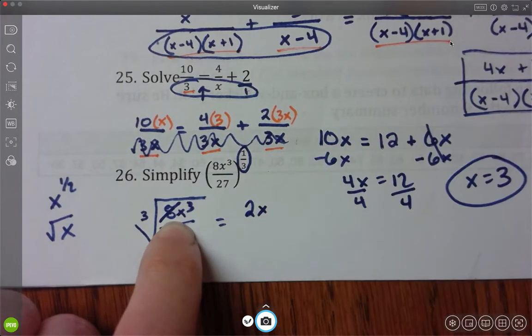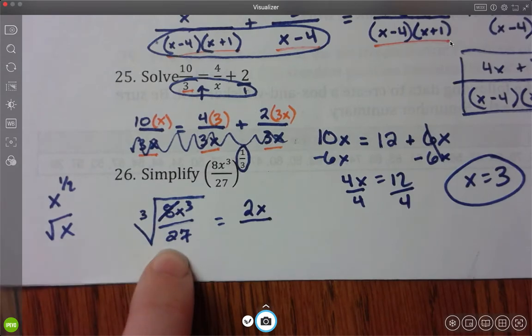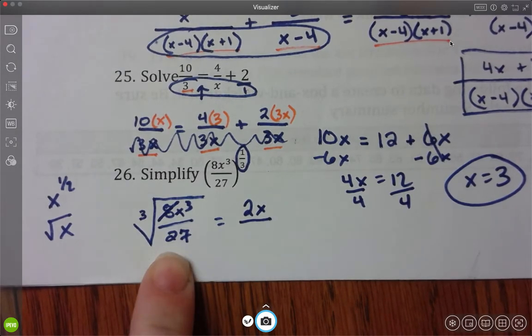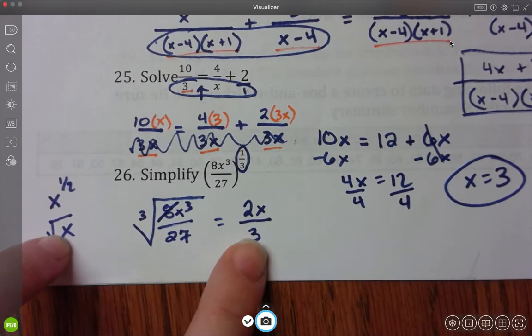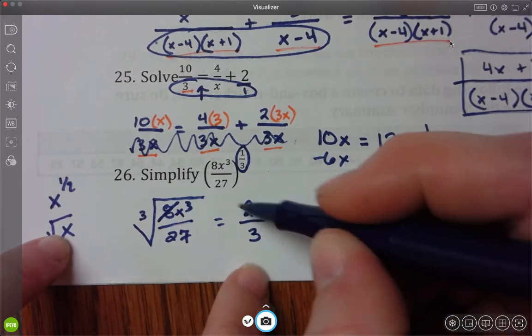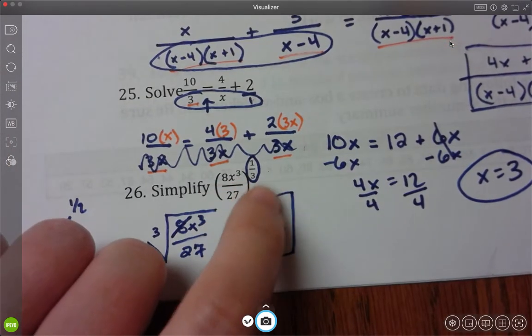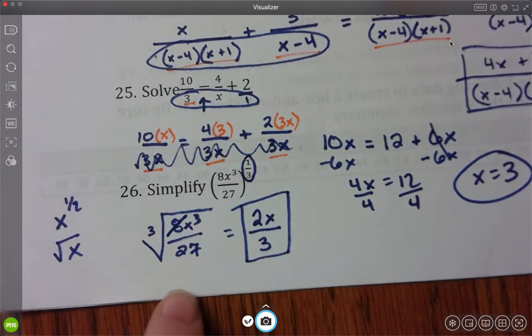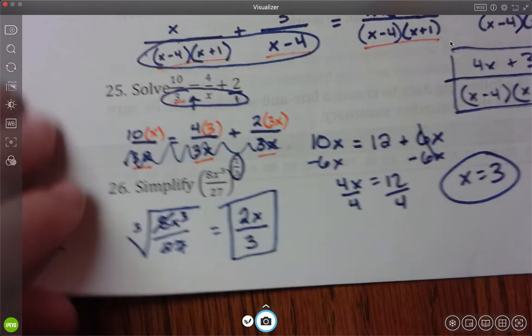Well, that would just be x. X times x times x would give me x to the third power. And then what do I take times itself 3 times to get 27? That would be 3. Okay, so the cubic root of 27 is 3, because 3 times 3 times 3 is 27. And this is what he will look like, okay? So anytime you have that fractional exponent, that 1/3, that means a cubic root, 1/2 means the square root, 1/4 would mean the fourth root, etc.